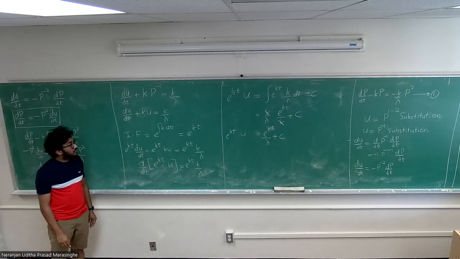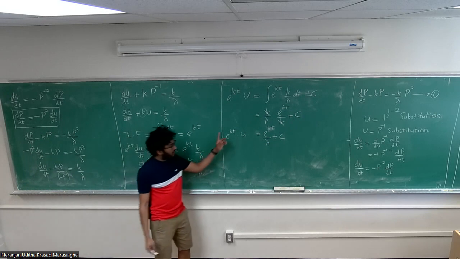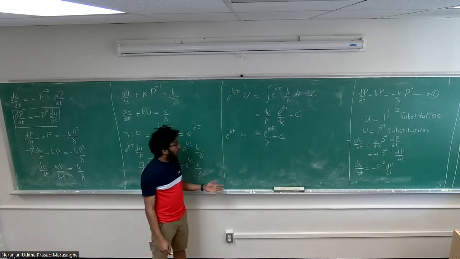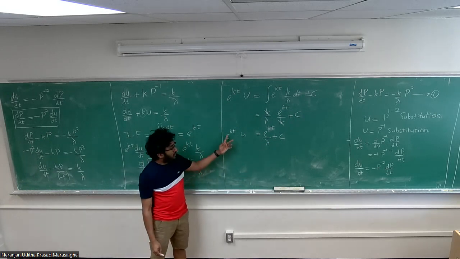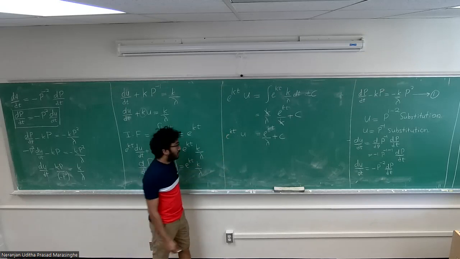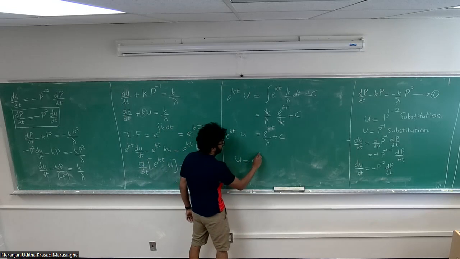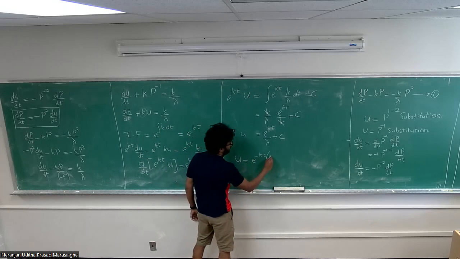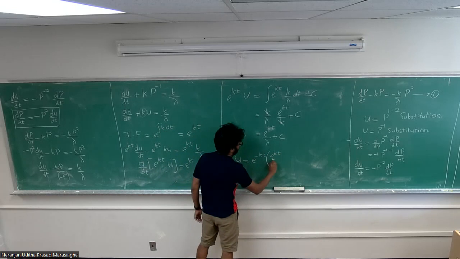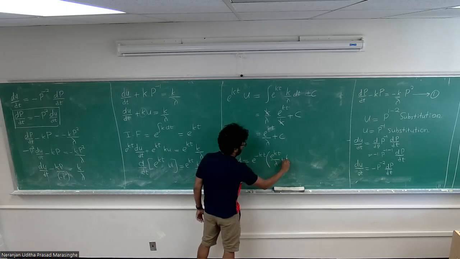Okay. Then I can divide both sides by e to the kt, or I can multiply both sides by e to the power minus kt. Okay. Then what would I get? I would get u equals e to the power minus kt times e to the power kt divided by lambda plus c.